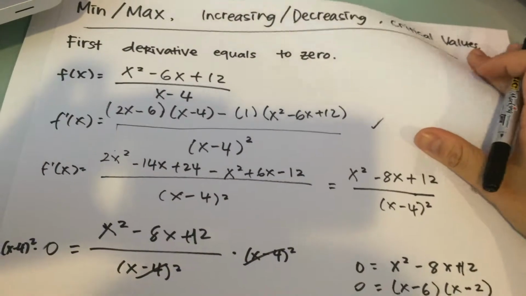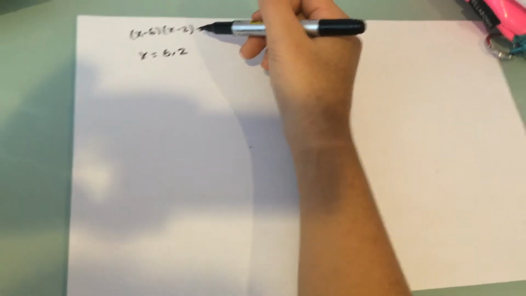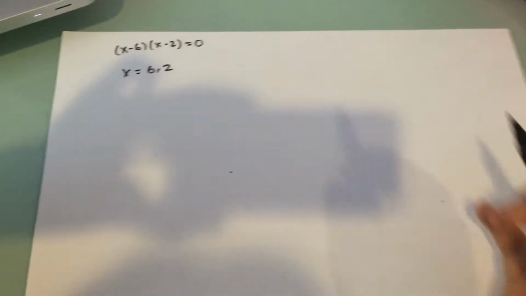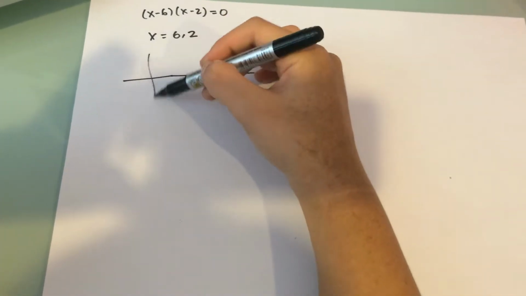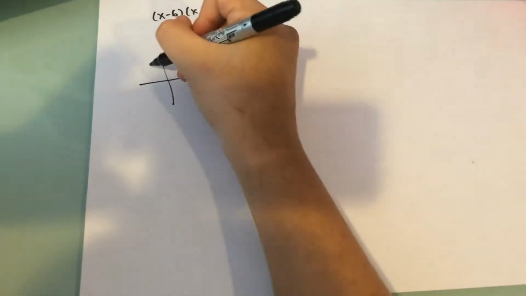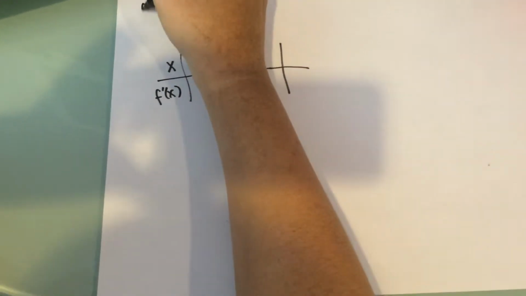So this is basically the critical value. And then I'm gonna use another sheet of paper because I ran out of paper. To find the maximum and minimum, and also increasing and decreasing, we need this kind of table. This is the x, and this is the f prime of x.